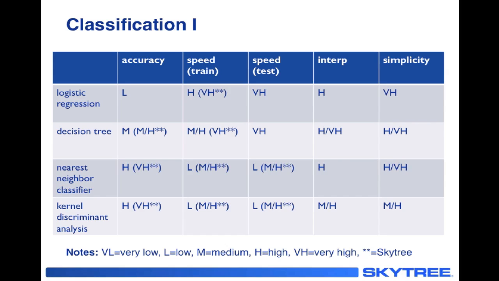The rules read off nicely in a human interpretable way, so I put it as high or very high, but it depends on the size of the tree. If the tree has 500 levels in it, it's actually not that interpretable. But it's pretty automatic, so it's simple.